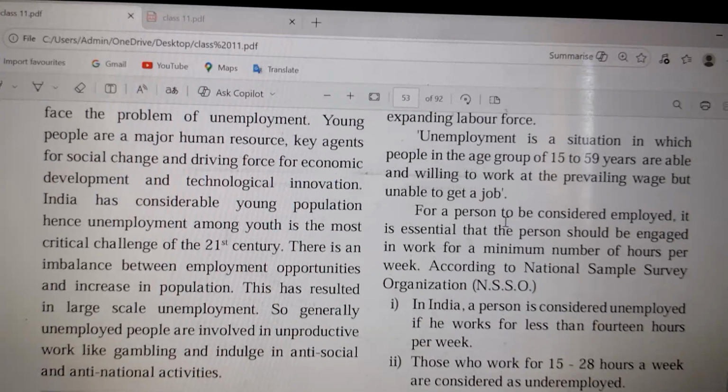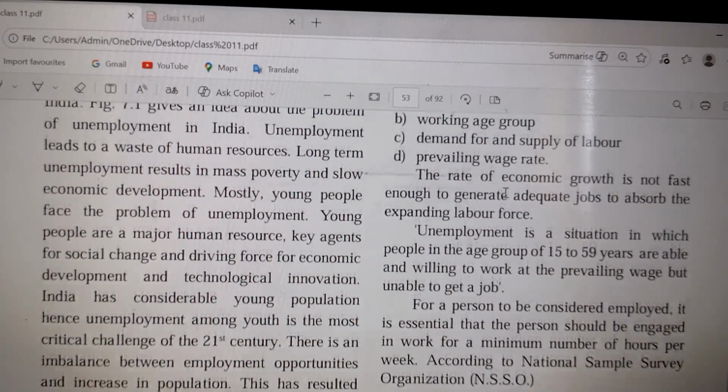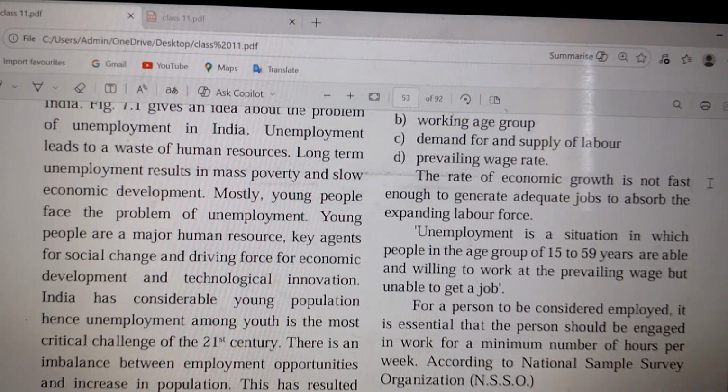अभी यहाँ पे देखो, the rate of economic growth is not fast enough to generate adequate jobs to absorb the expanding labor force.